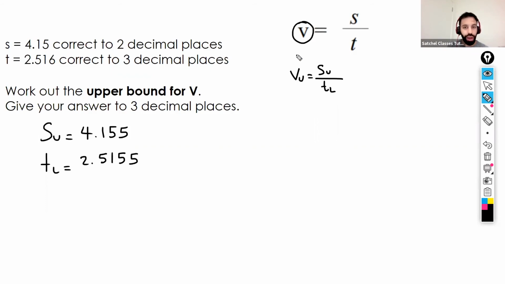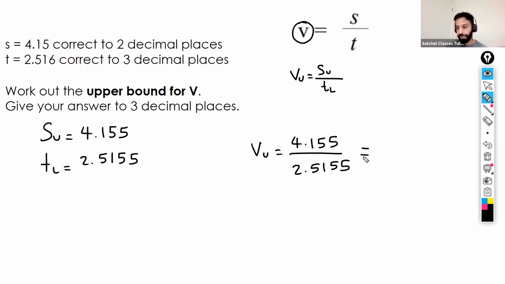So let's do that. V upper is going to be equal to 4.155 divided by 2.5155. And I'm just going to double check to see if I've got that right. And yes, I have. That is correct.